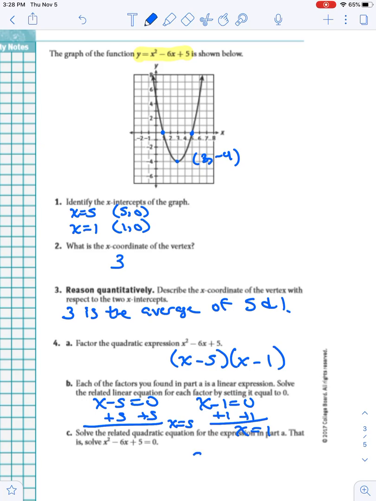So to solve the related equation, well, we just did that. x equals 5 and x equals 1. So when we solve a quadratic equation, what we're actually finding are the x-intercepts. So we refer to them as x-intercepts and zeros, and even sometimes we call them roots.